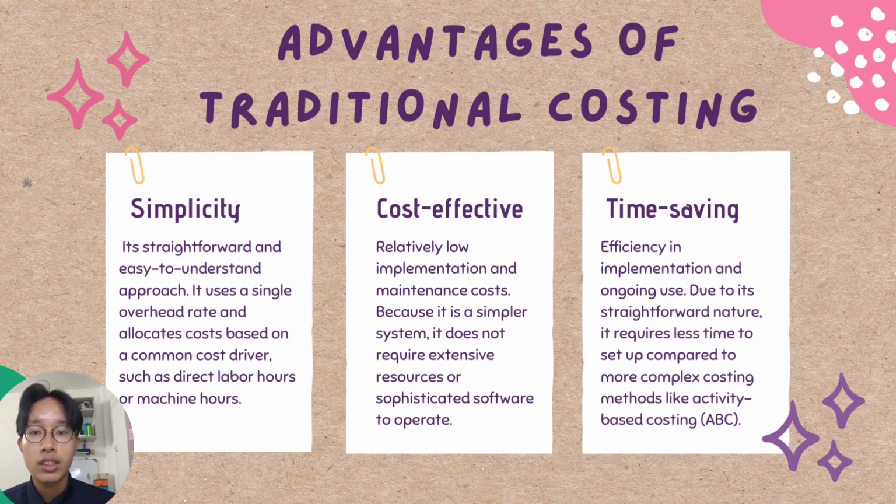The use of a single overhead rate and fewer cost drivers simplifies the allocation process, reducing the time needed for data collection, analysis, and computation. This efficiency can be particularly beneficial for businesses with limited accounting personnel or those looking to streamline their costing procedures.